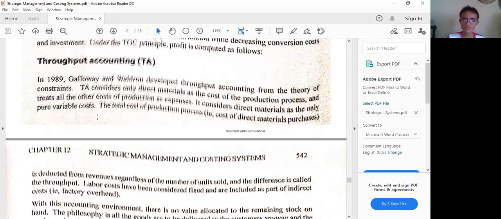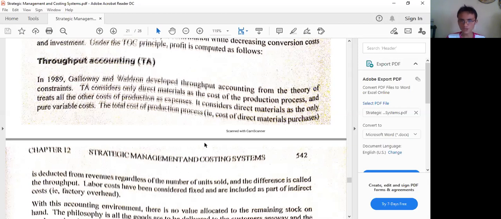But in throughput accounting, direct materials are variable and the only cost of production. The others are expenses. So the other costs are combinations of fixed and variable, but it wouldn't make much of a difference because they're going to be considered as expenses anyway. If management analyzes through throughput accounting, variable costs can be controlled in the short term, fixed won't.